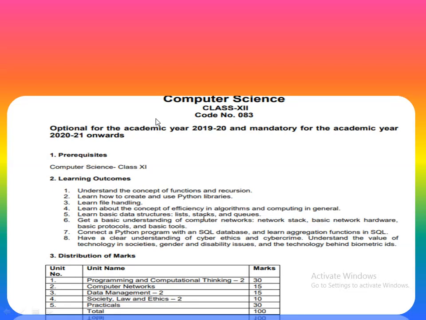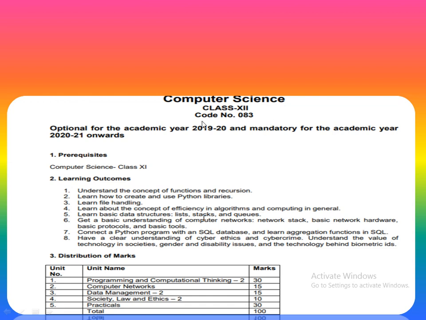So today is the first lecture of computer science, but I want to inform you that before starting the chapters, before starting the lecture videos, I want to inform you of the details of the topics, the details of the syllabus of class 12. This computer science paper has the code 083.